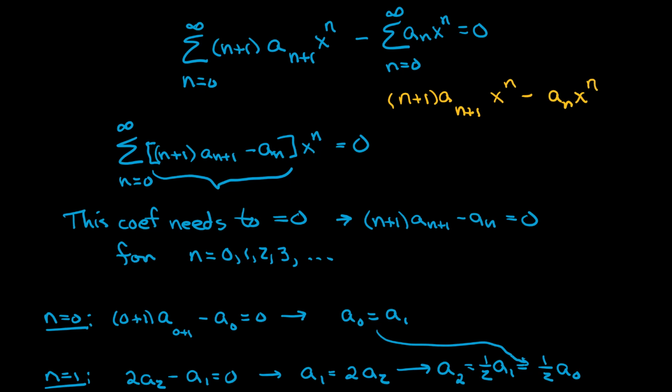I can factor out the x to the n's. When I do that, I'm going to have this n plus 1, a sub n plus 1. Now remember, I'm factoring out the x to the n, so I'm going to be left with an a sub n, and the x to the n will be outside of the brackets. This leaves me inside of the brackets with what should be numbers.